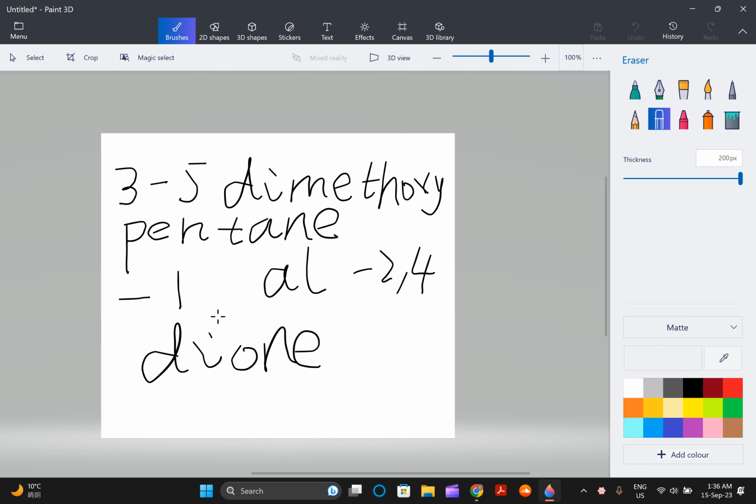If we take a look here, we shouldn't put a comma in between a number and a word. Actually, this is the way you do it though. So let me repeat what I just said. The answer to the previous example is 3-5 dimethoxypentane-1-al-2,4-dione. And this is the final answer.